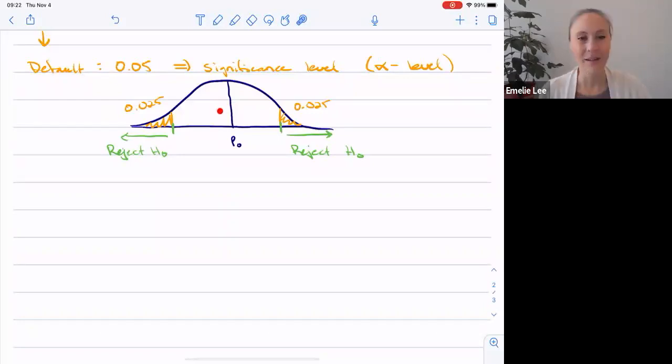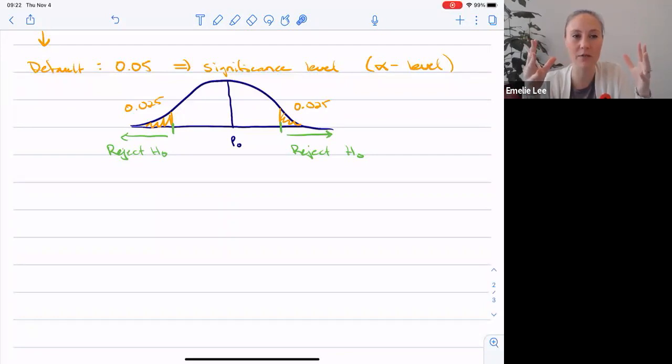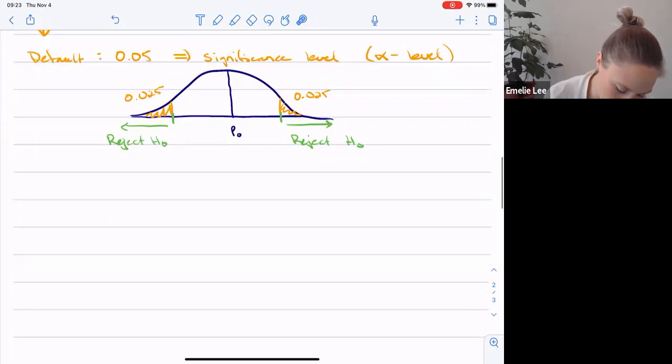Notice the kind of interwoven situation that we have here. You could build a 95% confidence interval and be 95% confident that you've captured the population proportion. And then if you're outside that interval, then you reject H naught. We have the exact same situation here.